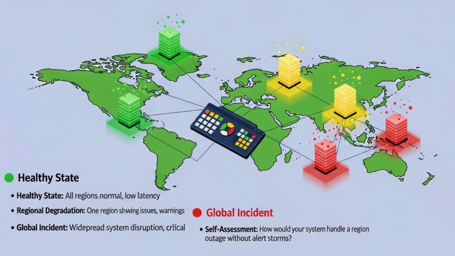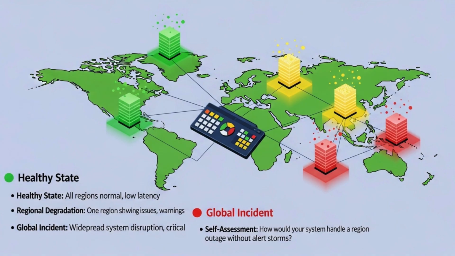The most critical is a global incident, where widespread disruption impacts users significantly, demanding an all-hands-on-deck response. After an incident, we move into recovery mode, closely monitoring for stability as systems return to normal. This state machine approach is crucial for preventing alert storms by providing context. For example, if a database in one region fails, we suppress alerts about related API errors in that region, focusing instead on the root cause.